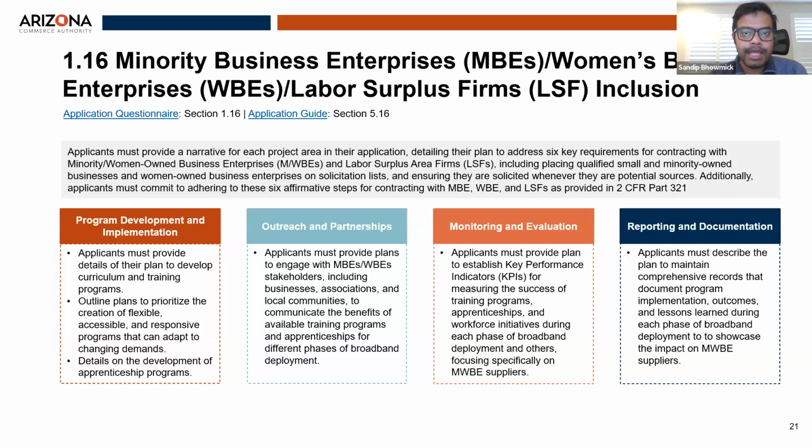If it's different from the government, yes, you will need a letter of support, or you can get your council's approval or president's approval or governor's approval or any tribal leader's approval as the letter of support and attach that in the application. If you are an ISP who's applying on behalf of a tribe, yes, you will need a letter of support and the approval from the tribal government.